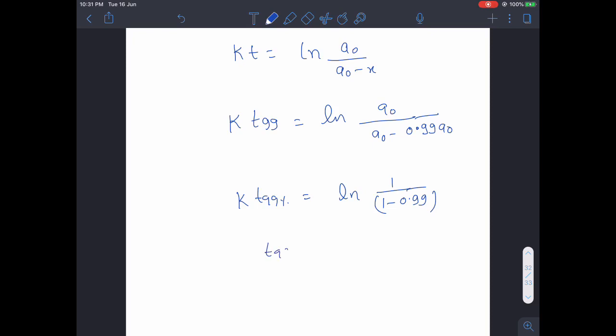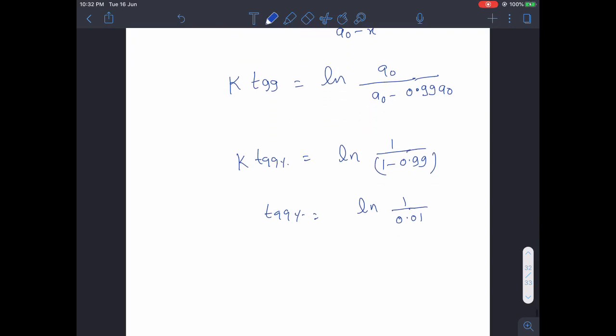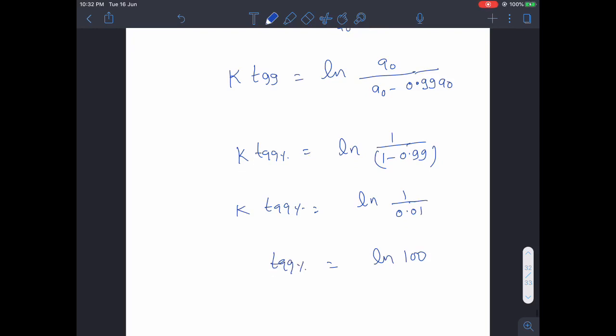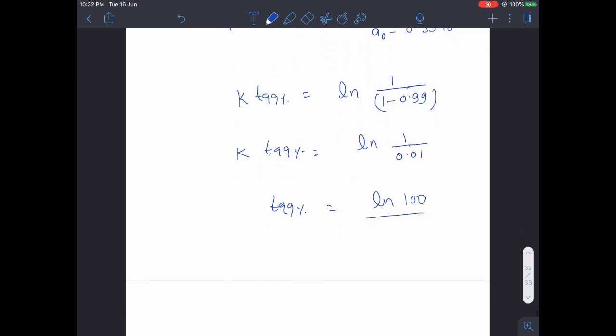So k into t 99%, so t 99% will be ln 1 upon 0.01, which will be 100. So ln 100 by k.